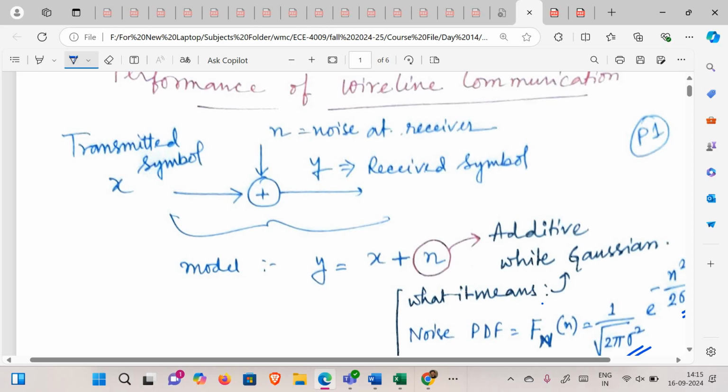Now, what we are trying to discuss over here is a wired scenario. Remember, this is a wireline scenario, that is, there is a dedicated path between the transmitter and the receiver.